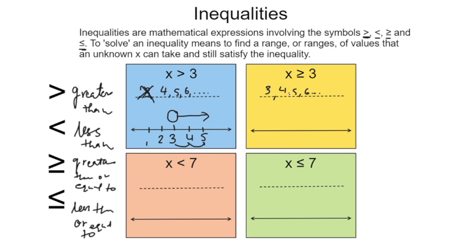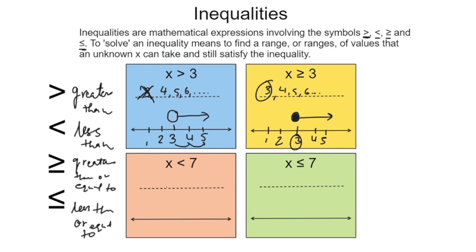So as I did in the previous question, we go to the right because greater, but this time the circle will be closed because 3 is part of our solution. The open circle tells us that 3 is not part of the solution, but in the next one, the circle is closed, which tells us that 3 is part of the solution.